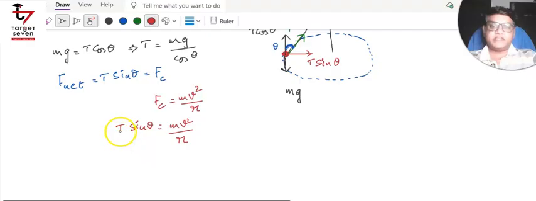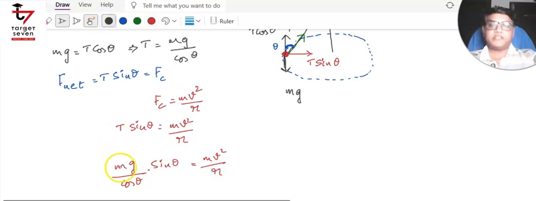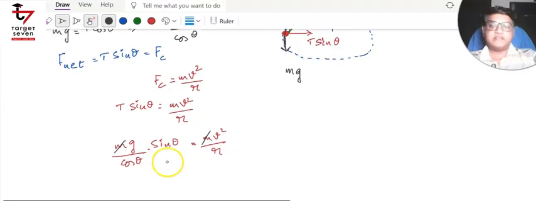In place of T, I'm going to write mg upon cos theta, into sin theta, is equal to mv squared upon r. Here we can strike off mass and mass. Sin theta by cos theta is in fact tan theta. So we would end up having g times tan theta is equal to v squared upon r.